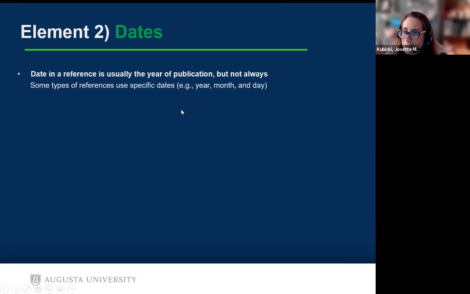To figure out what type of reference uses specific dates and which ones use the year of publication only, look at the APA style manual for the particular reference type, and it will tell you. This information is also in our APA citation guide.